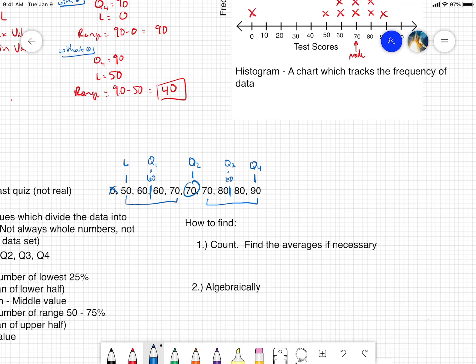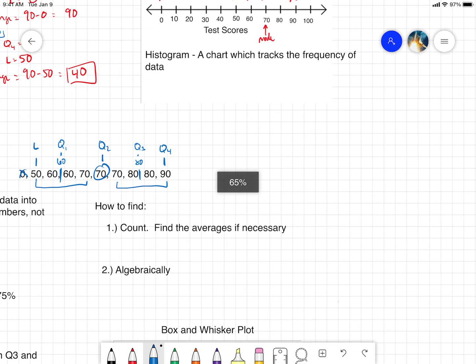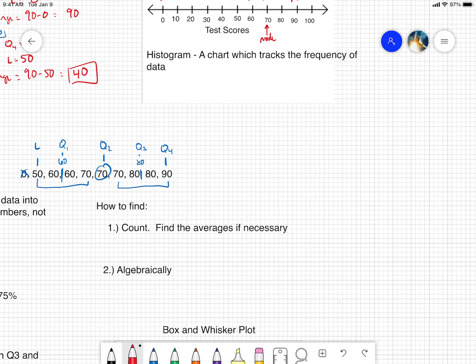If we wanted to find it algebraically, it depends on what n is.